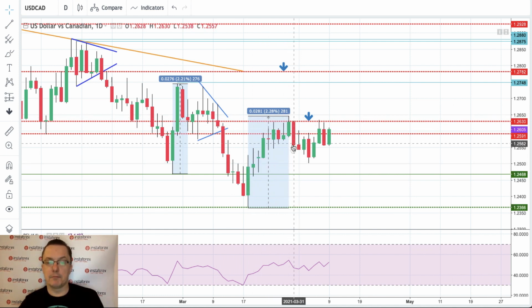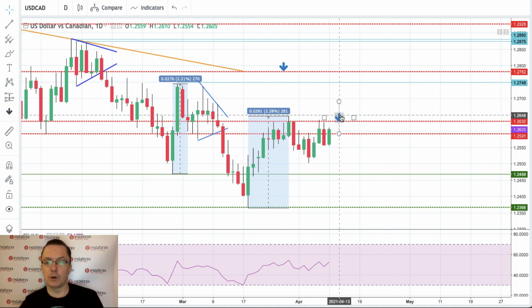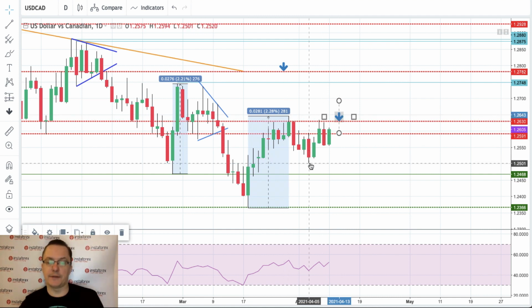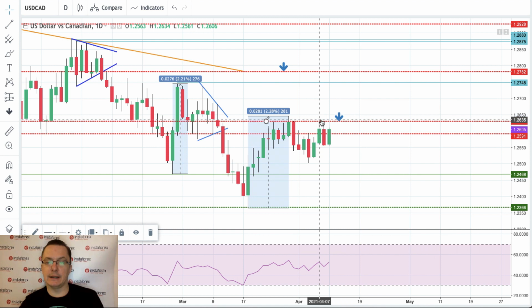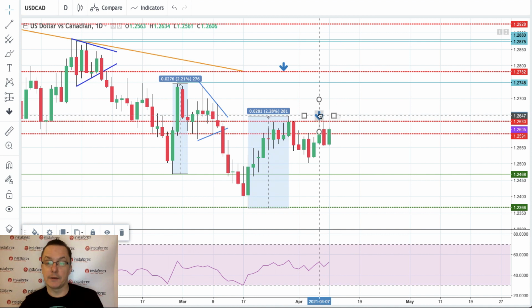Then decline, bearish engulfing pattern once the level of 1.2630 was hit, then decline like a 50% bounce again, and second time, third time, bulls didn't have enough momentum to break above 1.2630, which is why this is the key level for the bulls.